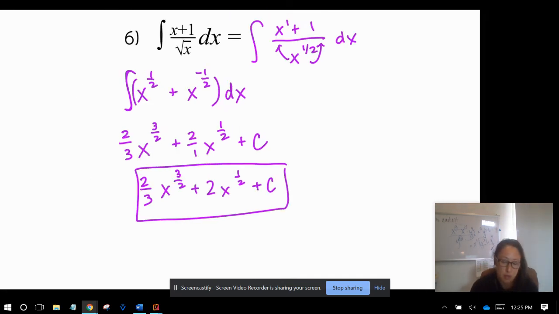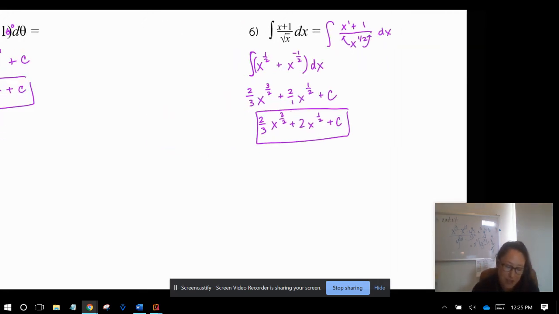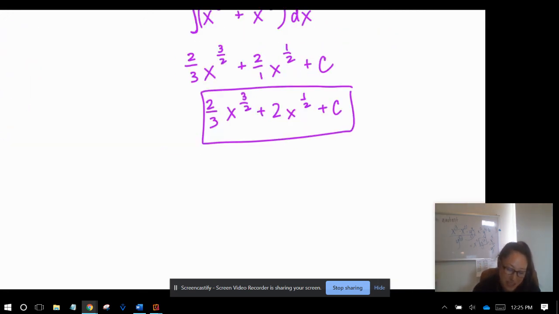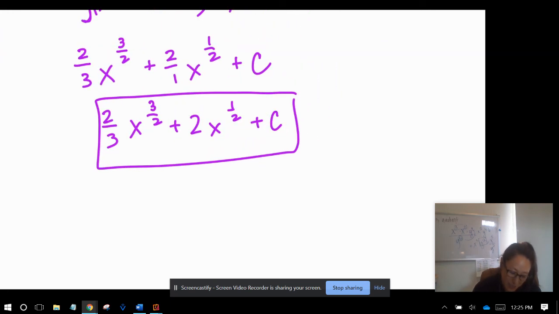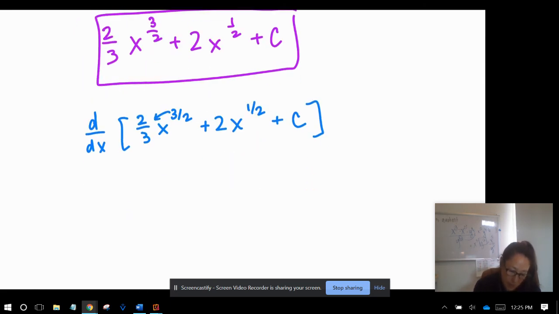All right, so just to prove to you that this actually works, let's take the derivative. We're going to take the derivative with respect to x of 2/3 x to the 3/2 plus 2x to the 1/2 plus c. All right, so we multiply. 2/3 times 3/2 is 1, so that's x.